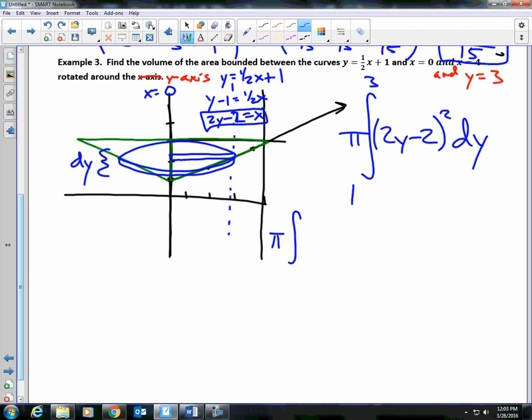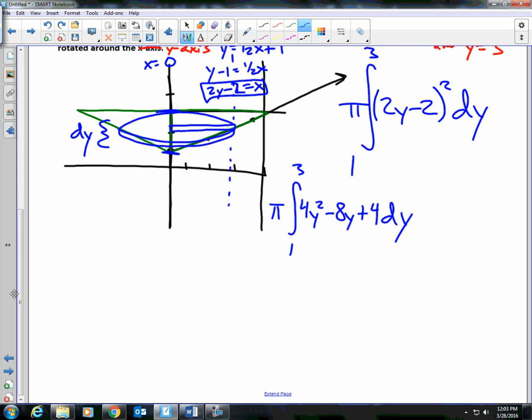Pi times the integral from 1 to 3 of 4y squared minus 8y plus 4, dy. You start at 1. You're going to start collecting discs, and you're going to go all the way up to 3 as the last spot you're going to collect discs.